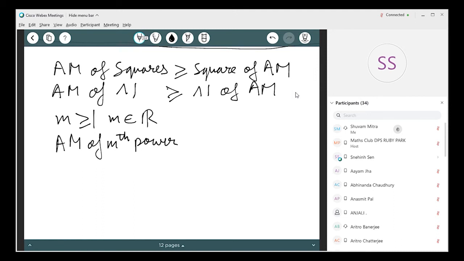Something related to the exponent function and so on. But for rationals, you know what the mth power means, right? Because a to the power p by q is nothing but a to the power p, whole power 1 by q, and so on. So what about the mth power of the AM?